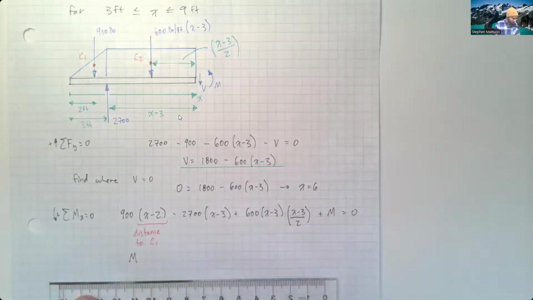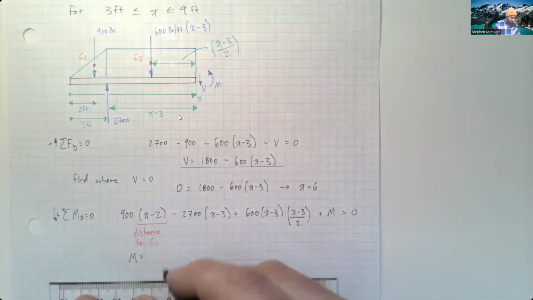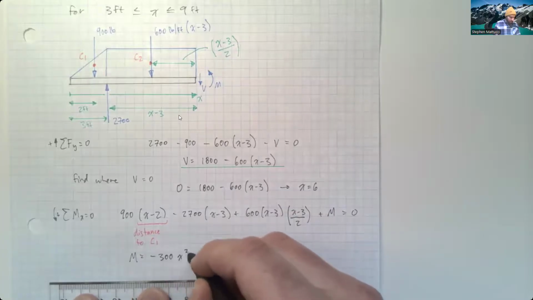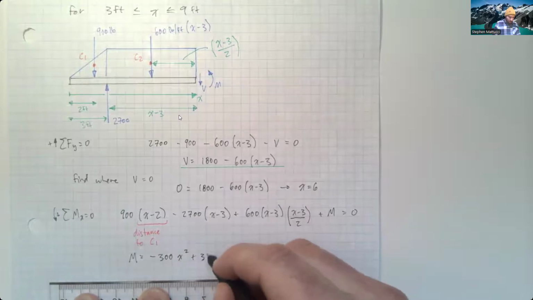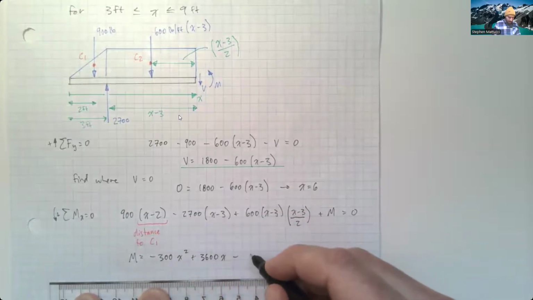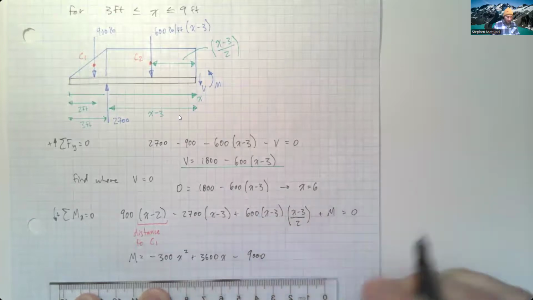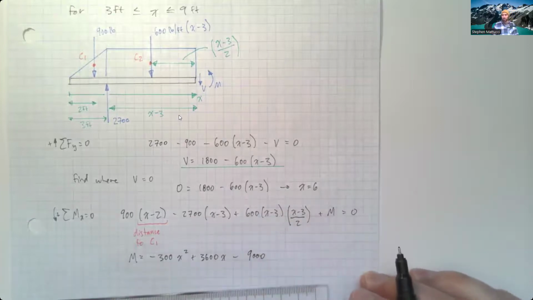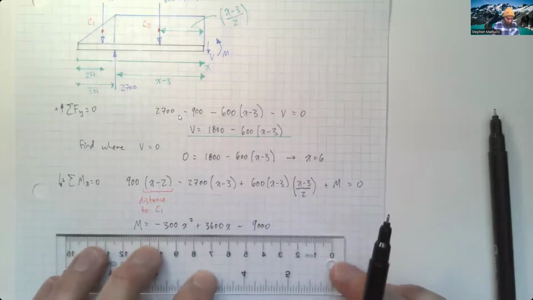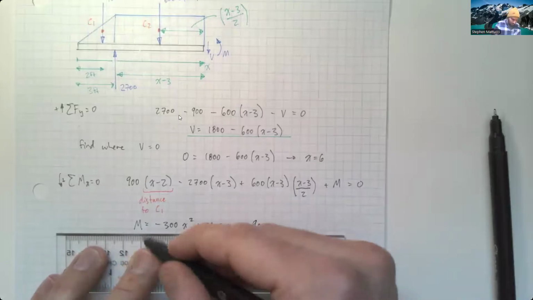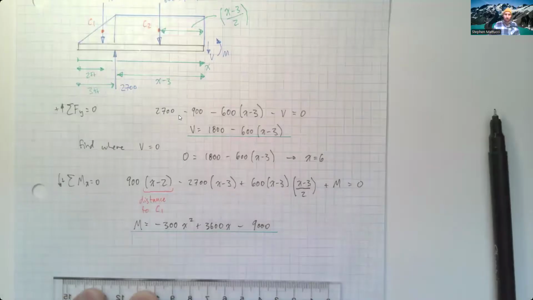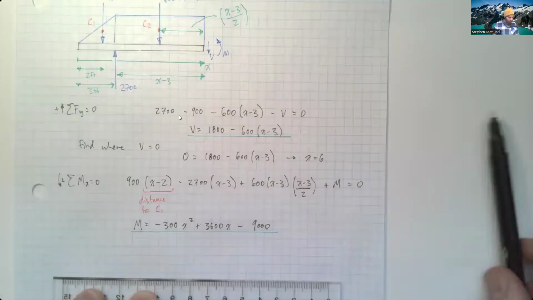This is going to give us our moment is equal to negative 300x squared plus 3600x minus 9,000. So this is our equation for our moment at that section.